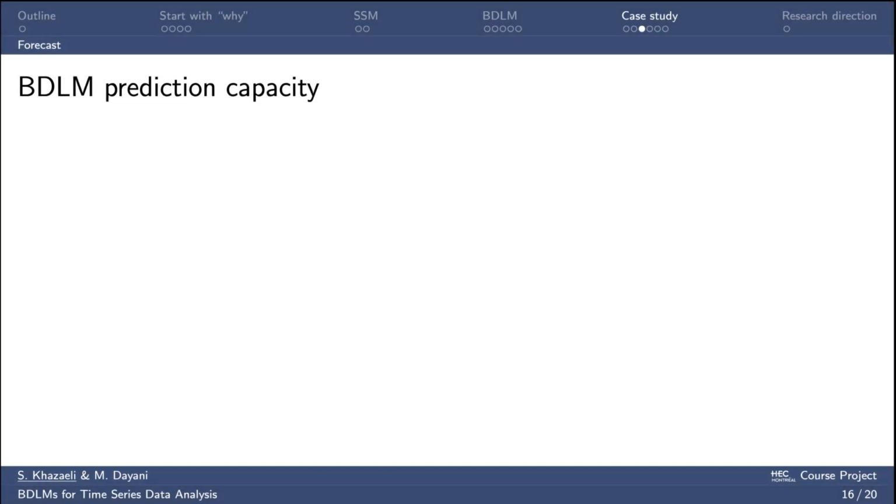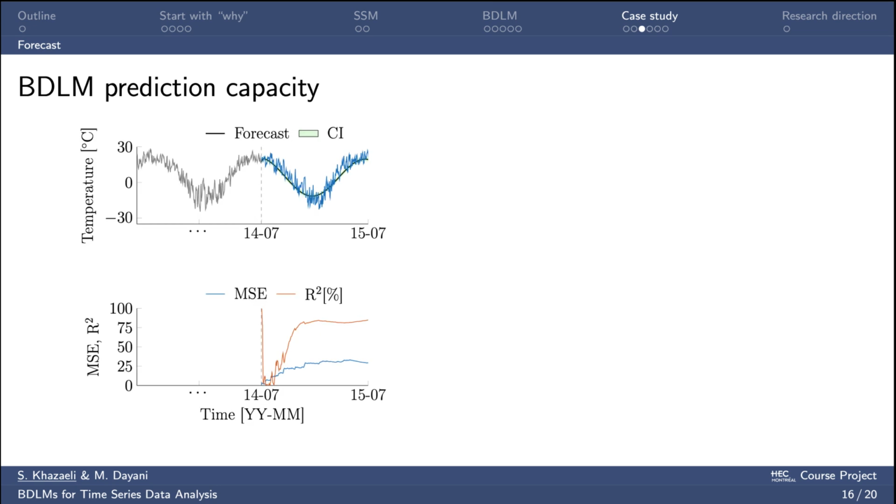Speaking of the future, it is interesting if we can investigate our model prediction capacity. The figure shows the model prediction capacity. On the top, the data are divided by a vertical line as of July 2014. The gray part on the left is the time when we trained the model, and the blue line indicates the test set for 1 year.